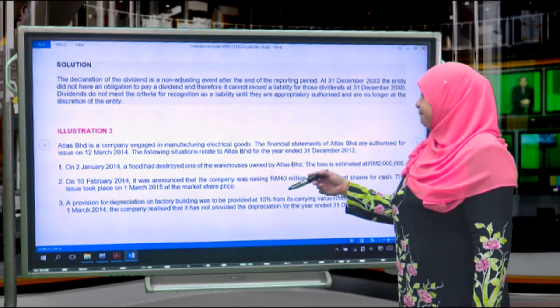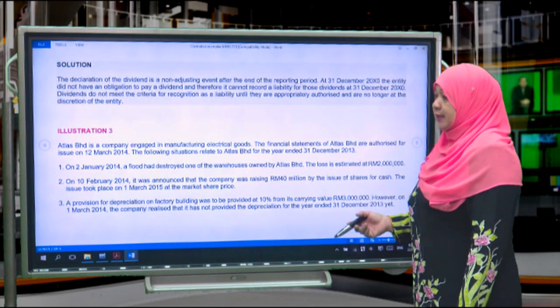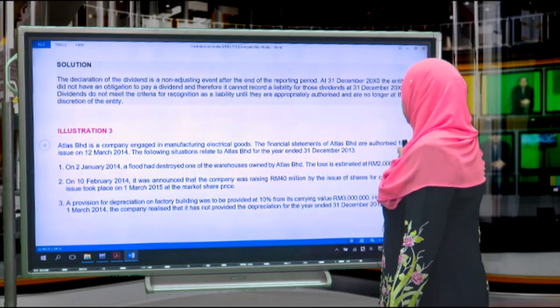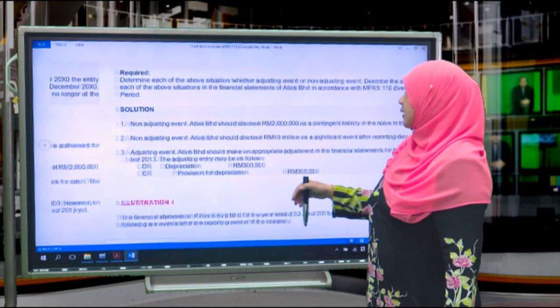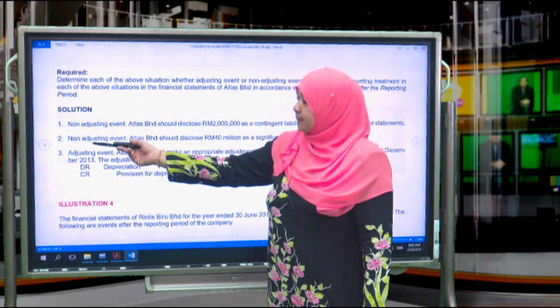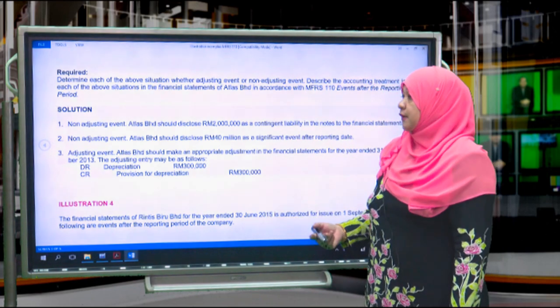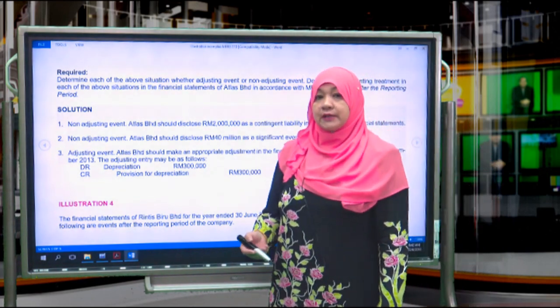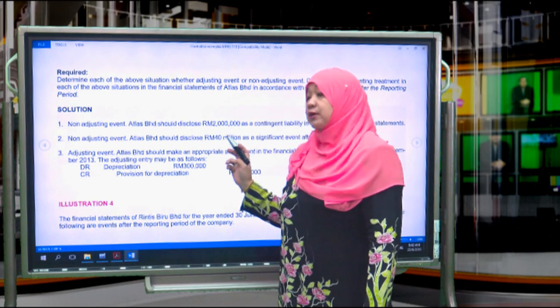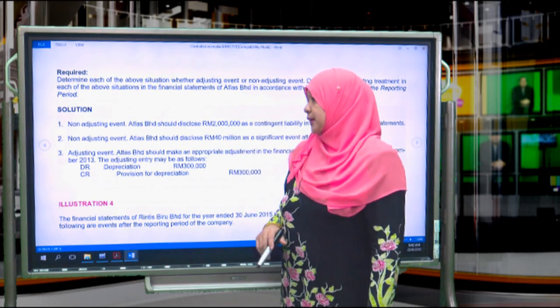So, when there is an issuance of shares, this is also considered a non-adjusting event. Alright, so the solution says that it's a non-adjusting event. We do not need to adjust the issuance of shares in the financial statements. However, we need to disclose it in the notes to the accounts.